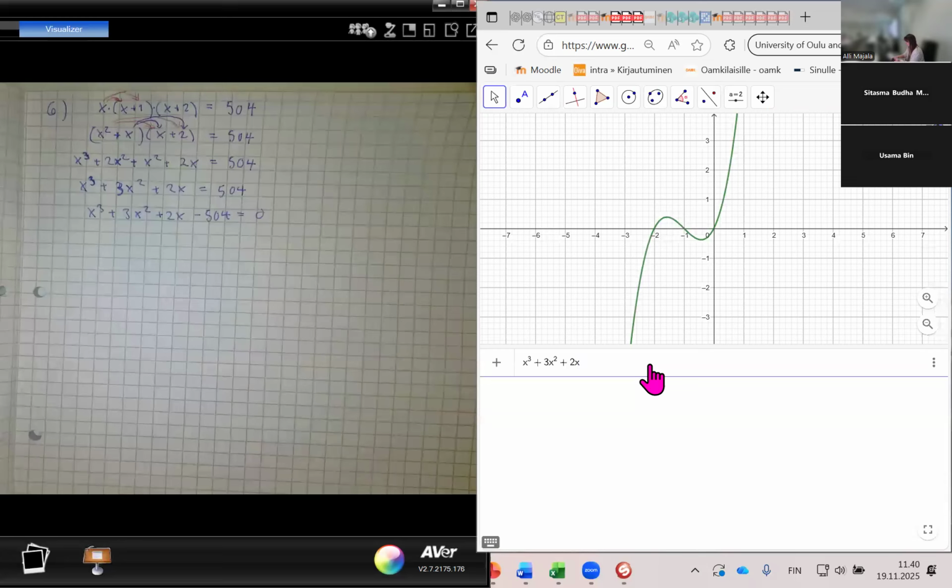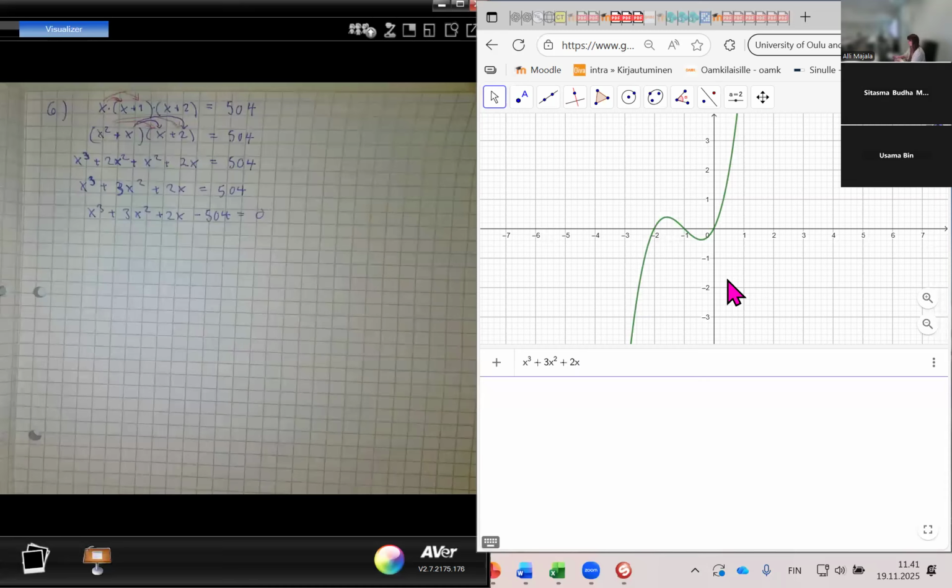Nice. Yeah, but then I still lower it a bit. So now it looks like it went, and then if I have it like this, let's take that out. I have nice 3 roots there.